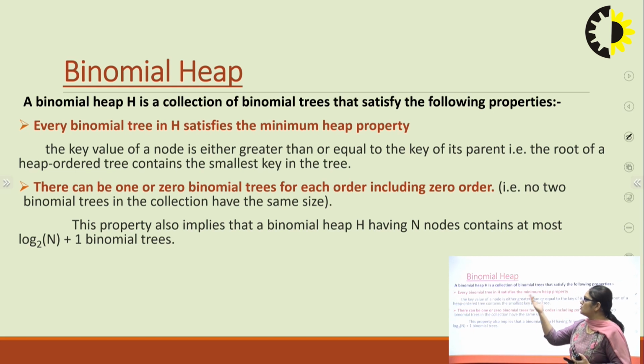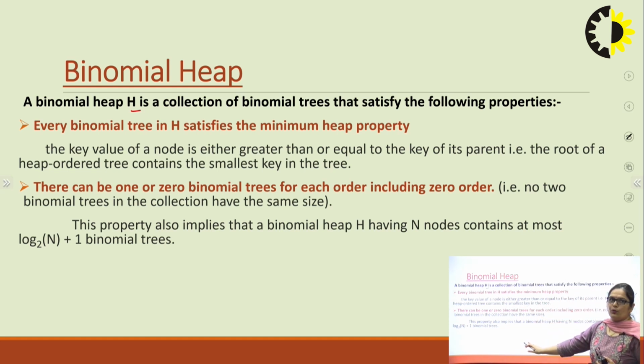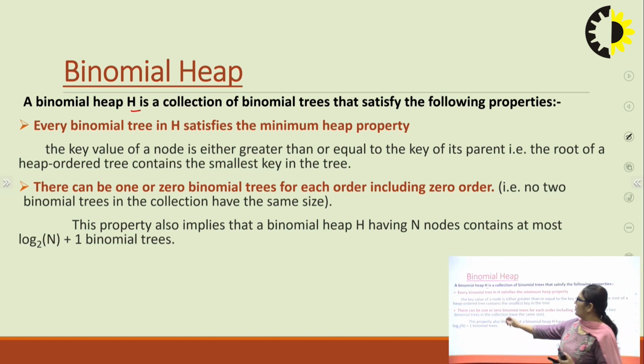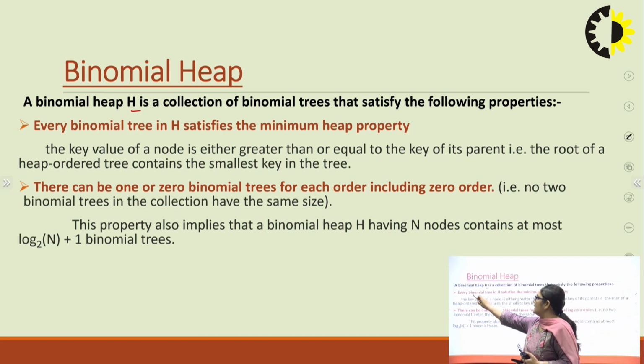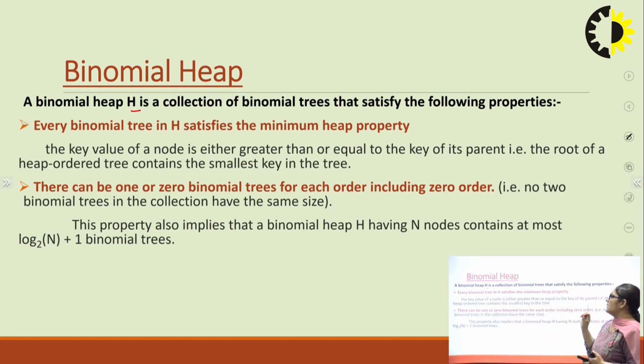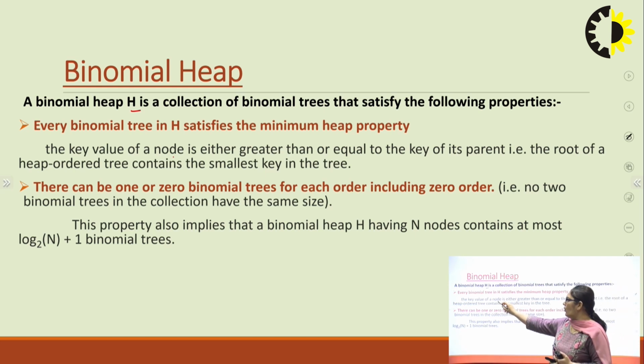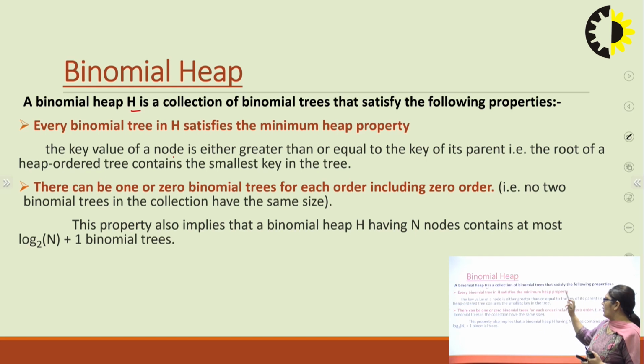So next comes the binomial heap. Basically, a binomial heap H is a collection of binomial trees that satisfy the following two properties. First property of binomial heap is that every binomial tree in binomial heap H should satisfy the min heap property. That is, the key value of a node is greater than or equal to the key of its parent node.